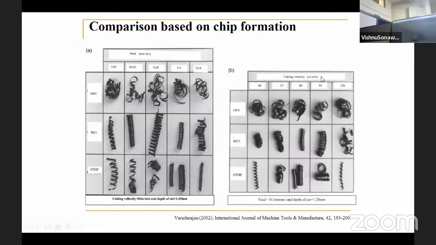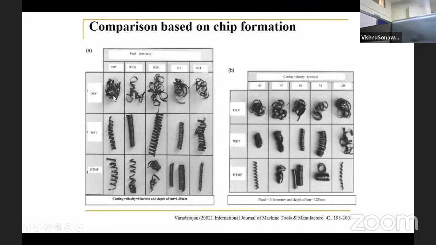Here these are the different types of cutting chips, formed at different feeds, from 0.1 millimeter per revolution to 1.25 millimeter per revolution. See what will happen here: when we increase the feed, the width of the chip will increase.